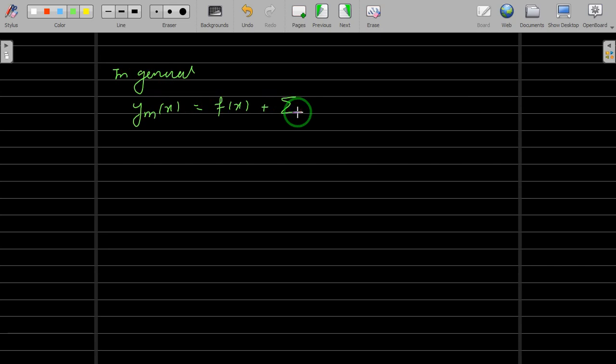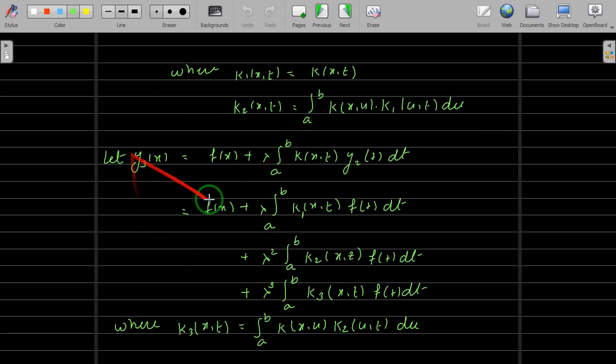summation i from 1 to m. You have 3 here and then 3 here.